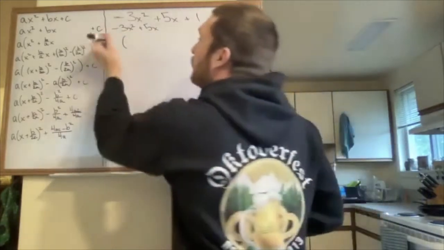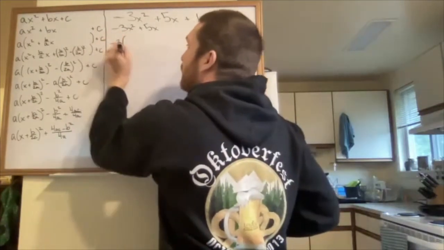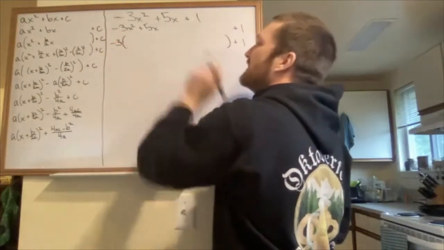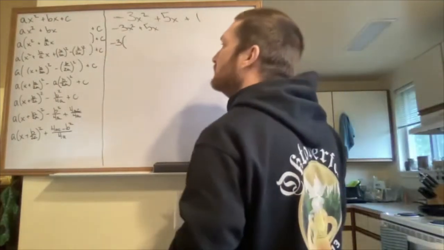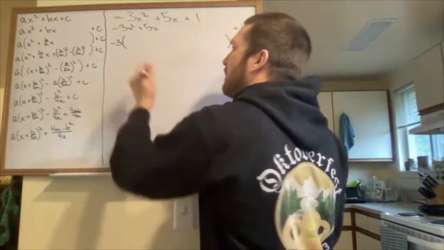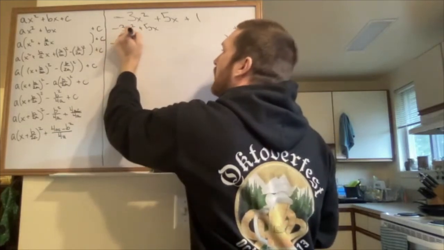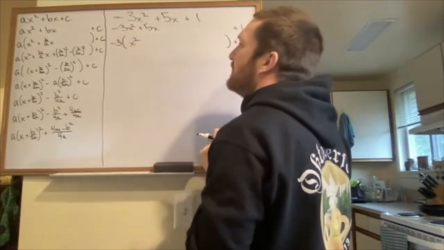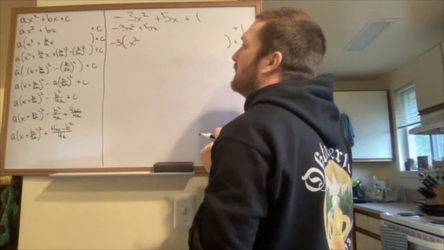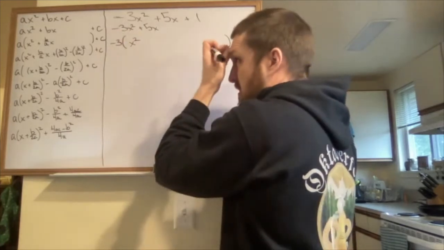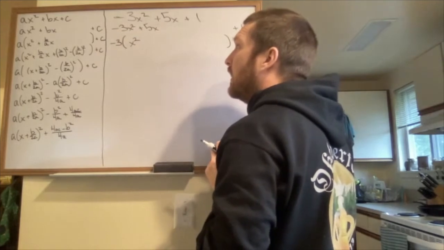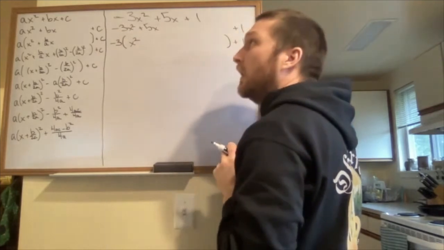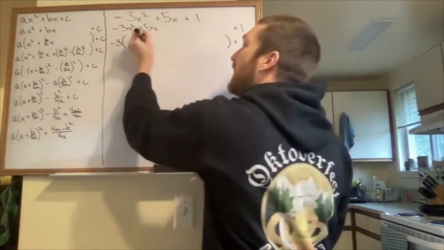So yes, we're pulling out a -3, leaving me what inside the parentheses? Yikes. Okay, x squared minus 5/3 x. Yes.